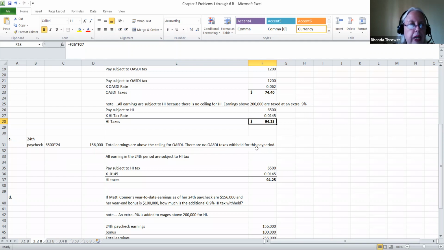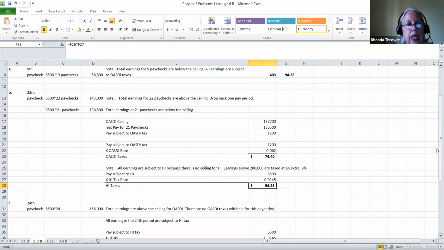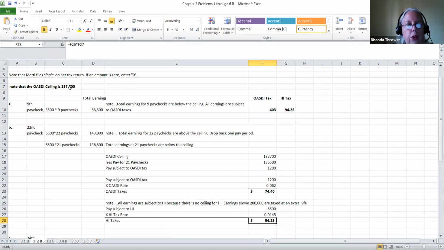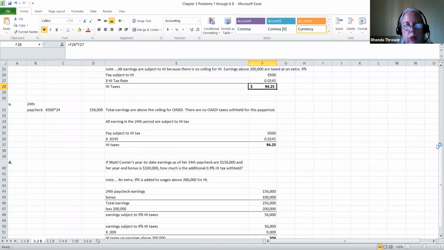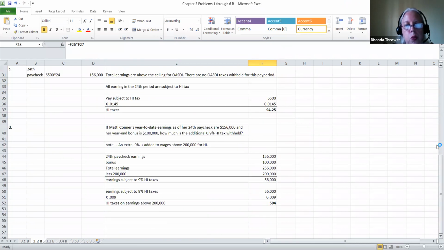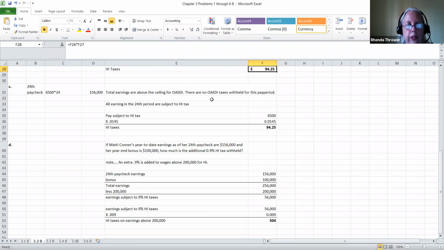Therefore, there will be no OASDI taxes withheld this pay period because the total amount of 6,500 has gone over the cap or the ceiling of 137,700. So there's no OASDI taxes.